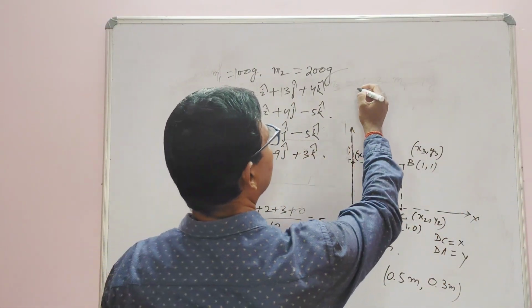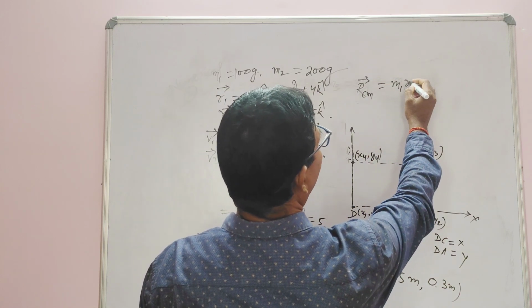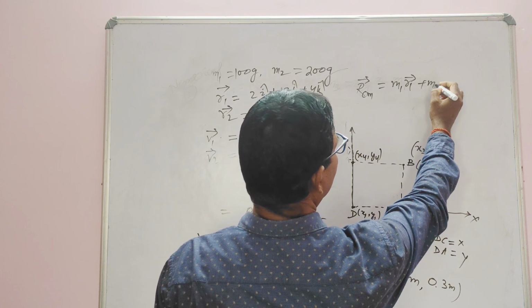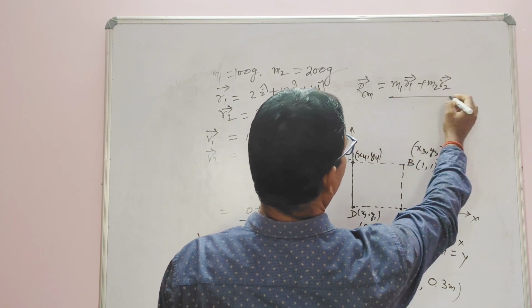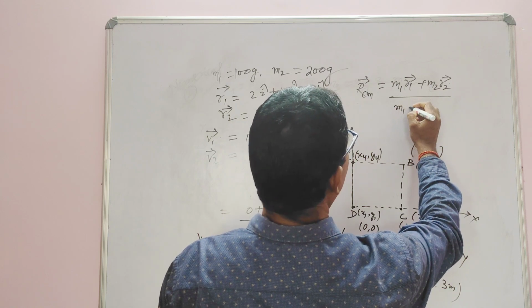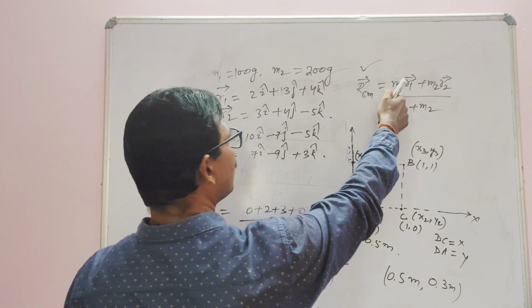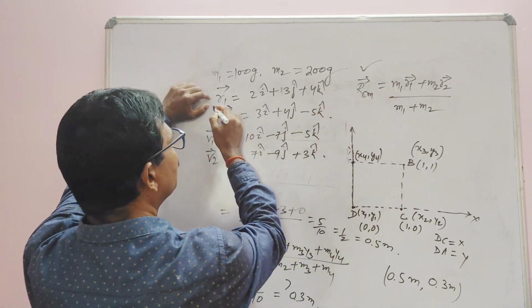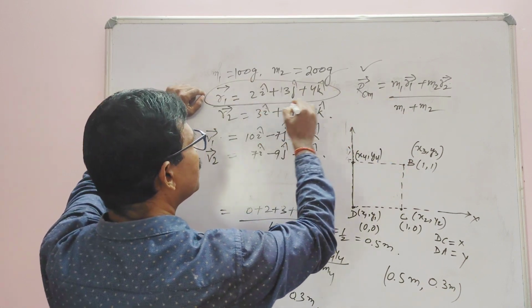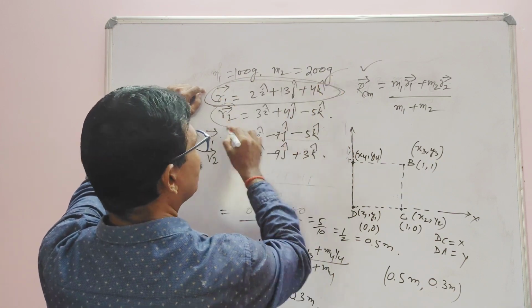For the instantaneous position, you will write RCM is equal to m1 r1 plus m2 r2 by m1 plus m2. It is a direct formula. That means m1 you have to put with this one, m2 with this one.